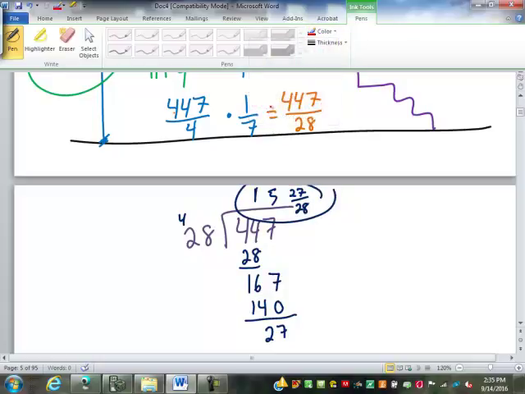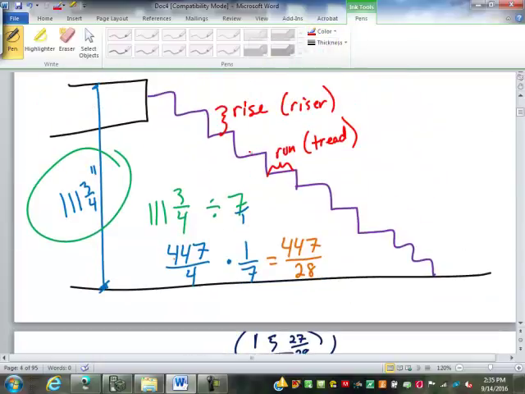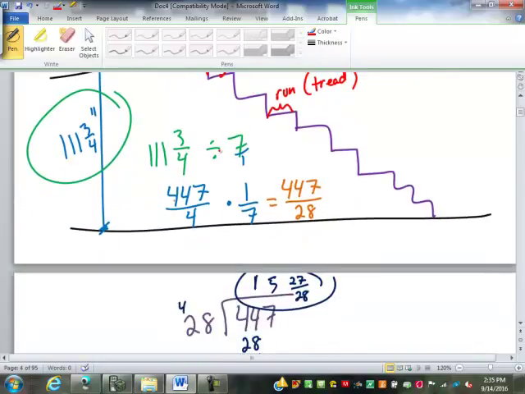Now remember, what we were calculating was the number of rises. How many of these rises we can have. Can we have 15 and a fraction of rises? No, we can't. So we're going to round this up to 16 rises.